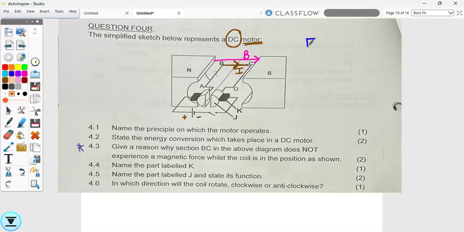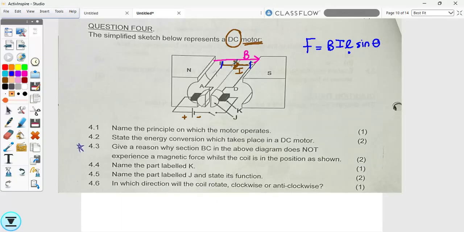But if you look at your equation that says F equals B I L sine theta, for this little part here, I is going in that direction, B is going in that direction. So for that length of wire, BC, sorry, for that length of the wire, the angle is 180 or zero.